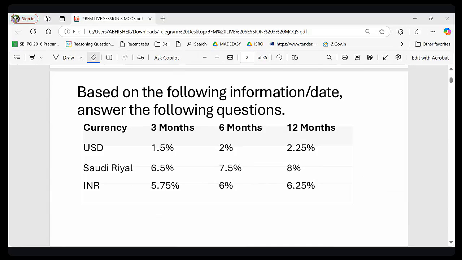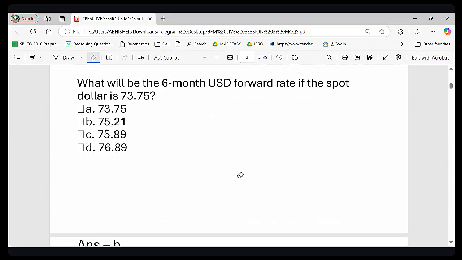I think you are able to hear my voice, right? Yes, 2% and 6%. Very good. Yes, correct. Great. Now let's move forward. So you know the interest rates are 2% and 6%.